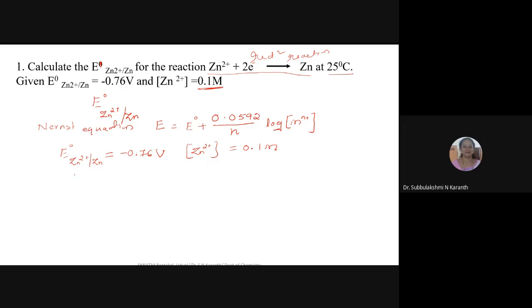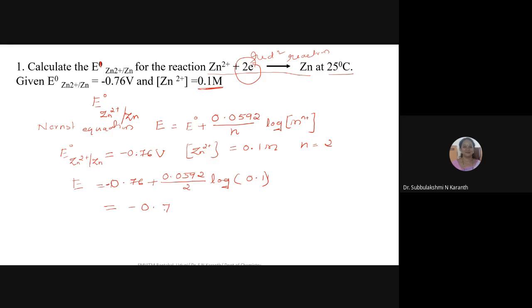You have to substitute this in the equation. So E equals minus 0.76 plus 0.0592 by n. How many electrons are transferred here? n equals 2. So 0.0592 divided by 2 log 0.1.